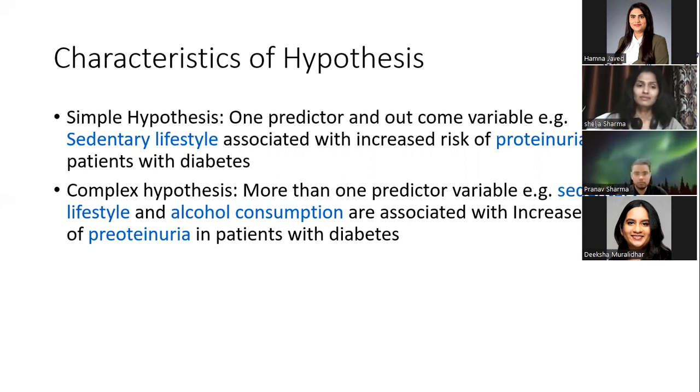You can have more than one exposure and more than one outcome. That still makes it a complex hypothesis. But at your stage, my humble request is to keep your hypothesis simple. For example, doing this intervention causes less risk in cybersecurity, or having this particular thing would increase the chances of crisis management, or whatever it is. Keep your hypothesis simple: one exposure variable, one outcome variable, and it will become very, very important as you go through.